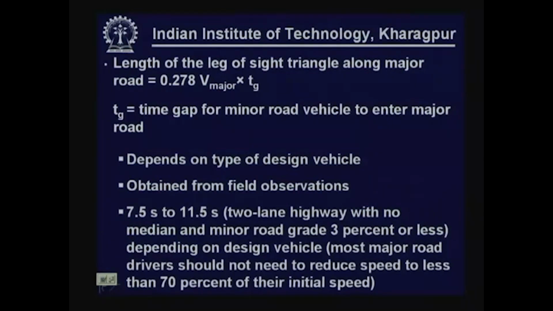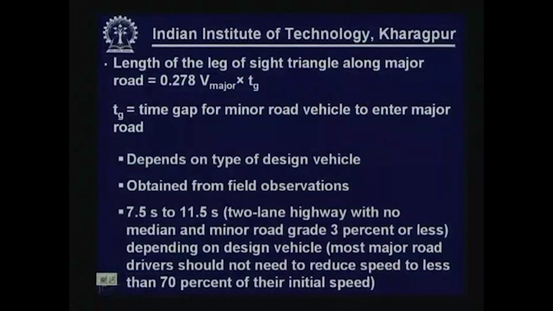Now, if we use 7.5 seconds, say for a car, then AASHTO recommends that under this condition most major road drivers need not reduce speed to less than 70% of their initial speed, because it is found from field observations that vehicles travelling along the major road also normally reduce speed as compared to the mid-block condition.